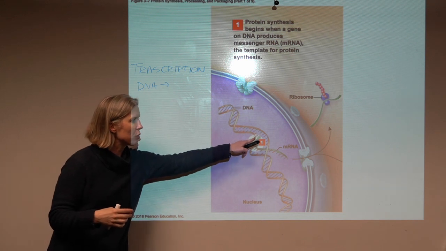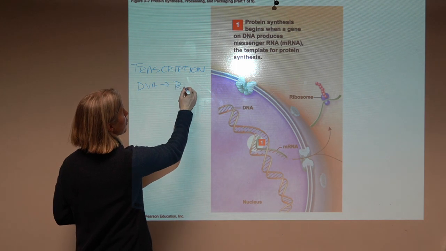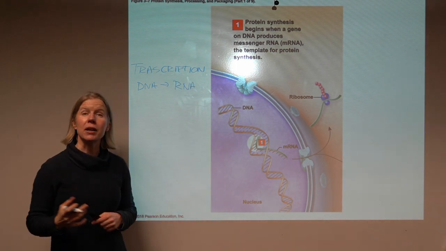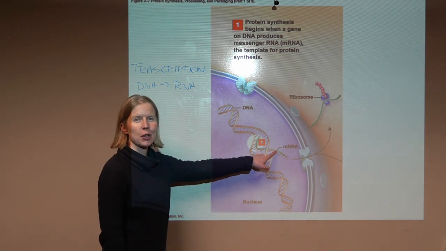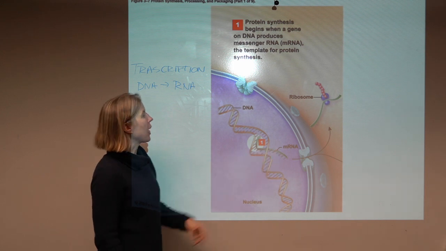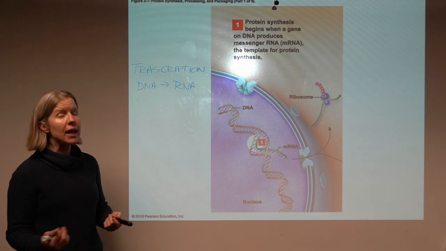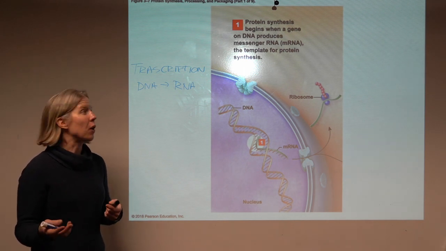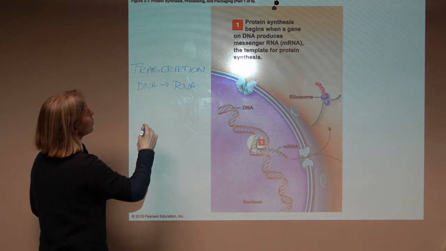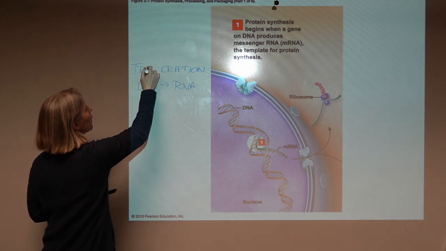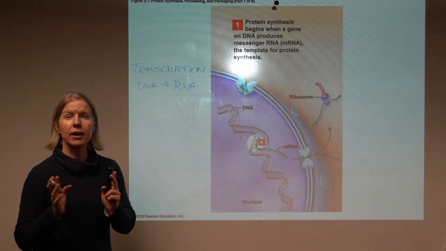The cellular machinery is going to read one side and put in all the complementary bases, but we're going to build a structure that, instead of being a double helix, is a single strand, a slightly different molecule that we talked about in chapter 2, and that is RNA. This is a specific form of RNA called messenger RNA that is going to go into our next step. But transcription, you need another N in there. There we go. Transcription, DNA to RNA.